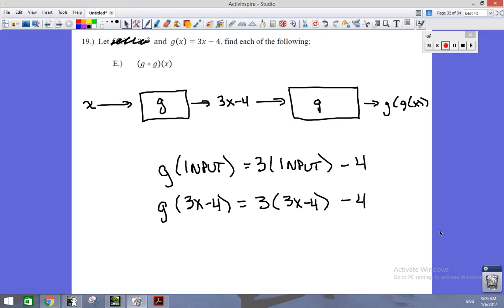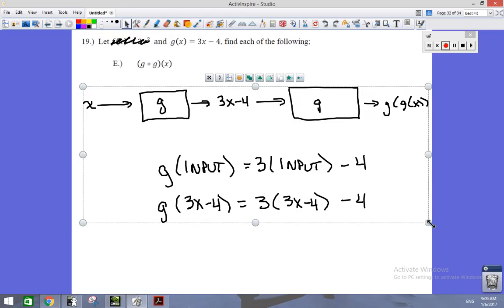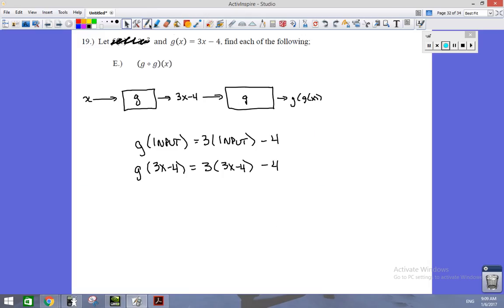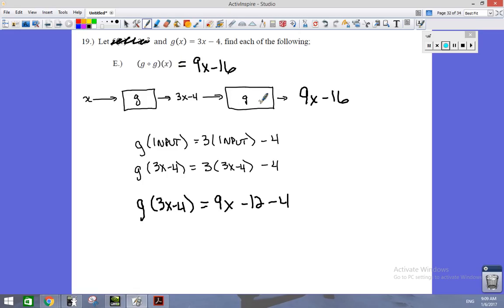All right, so let's simplify that. g evaluated at 3x minus 4. Let's distribute this. 9x minus 12 minus 4. So we're getting as the output 9x minus 16, right? That's what this formula is. That's our final answer. So I hope that helps. Talk to you later.